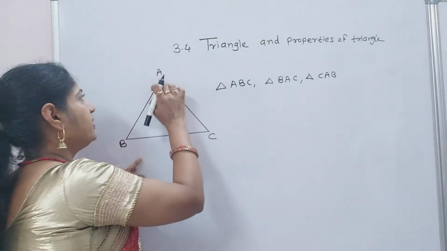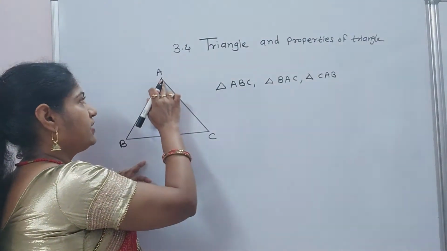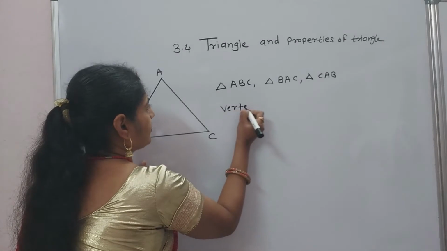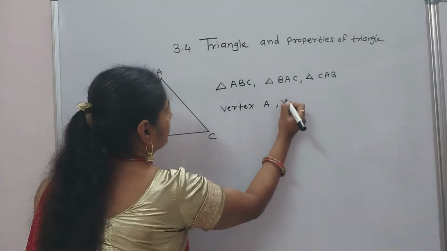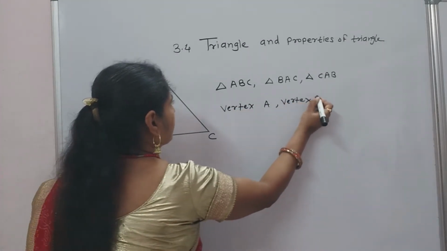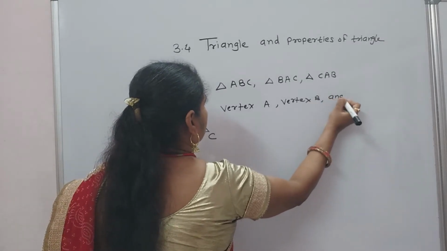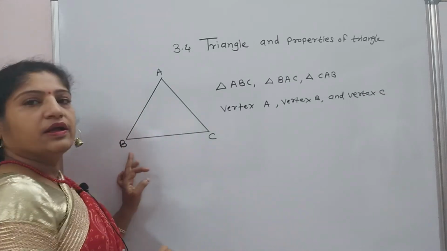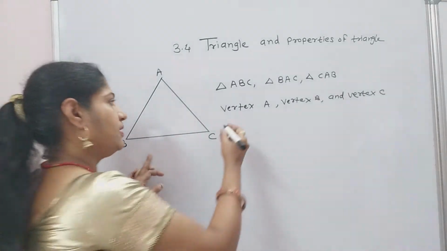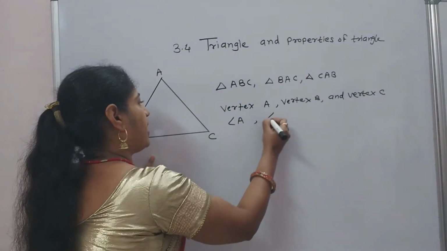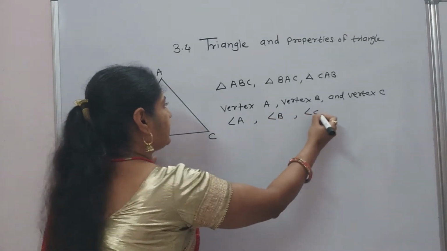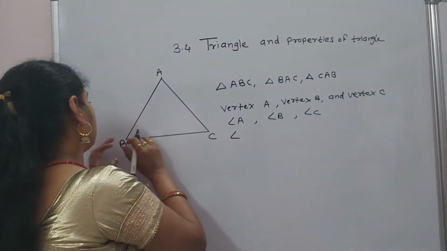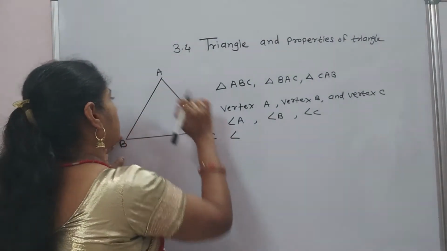A triangle has three vertices: vertex A, vertex B, vertex C. Triangles have three angles: angle A, angle B, angle C. Angle A is written with three letters, BAC.